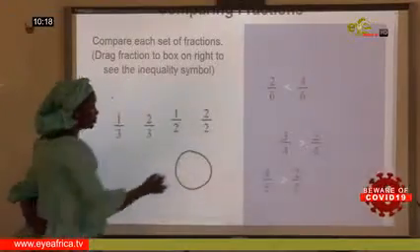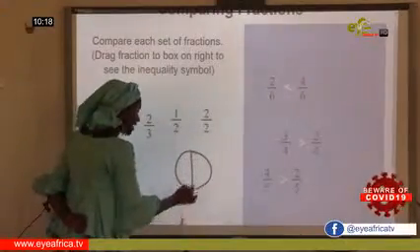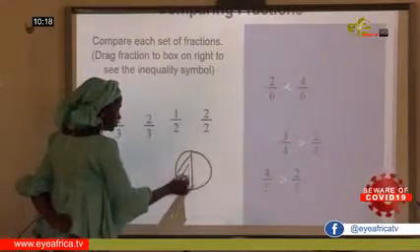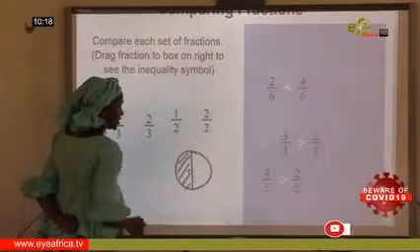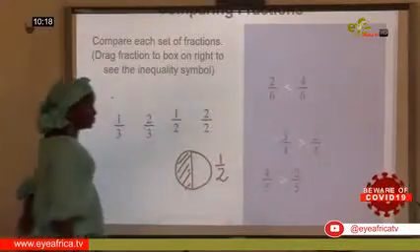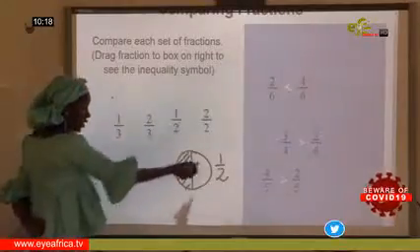This is a whole. If I divide it into 2, the shaded portion is 1/2.